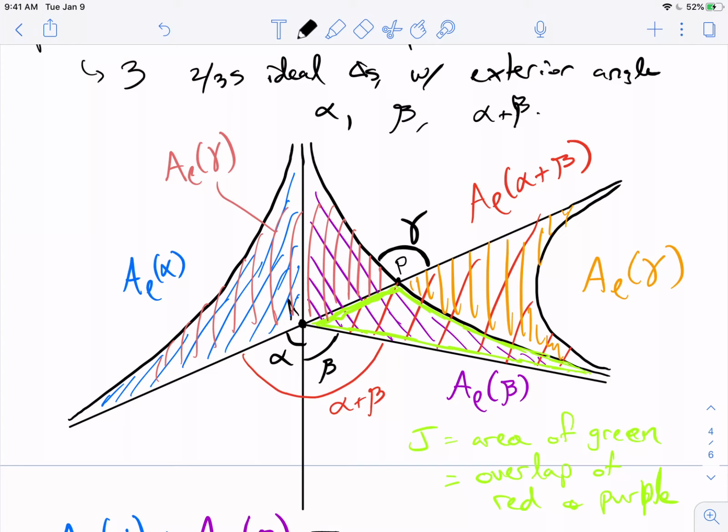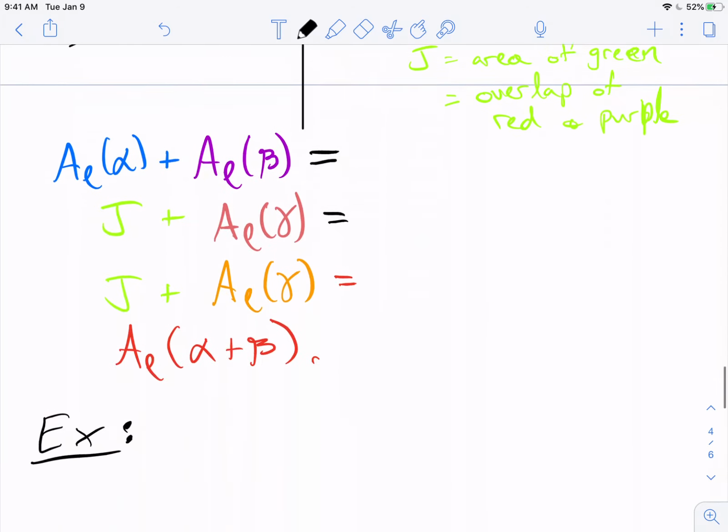instead of just drawing these asymptotic triangles in the hyperbolic plane, use our upper half plane model.